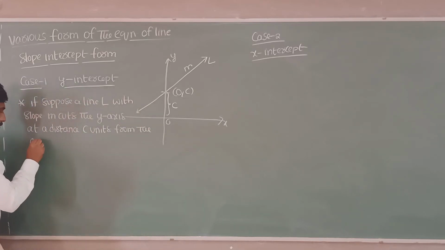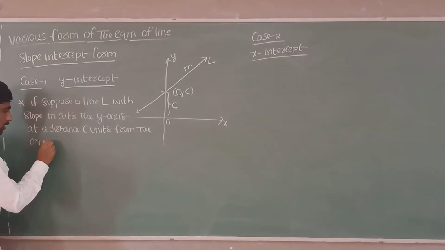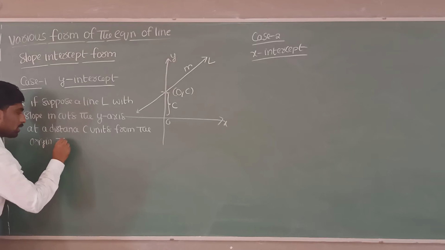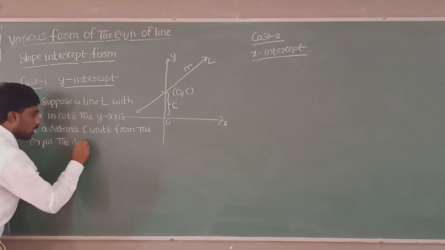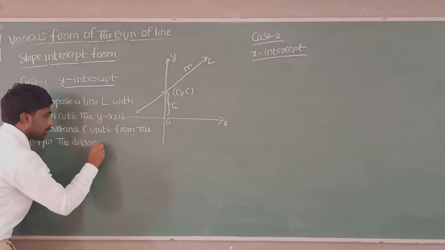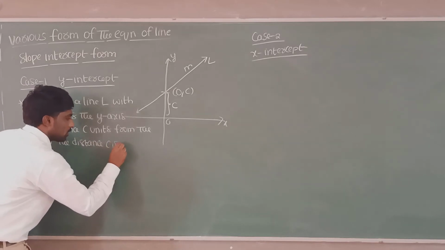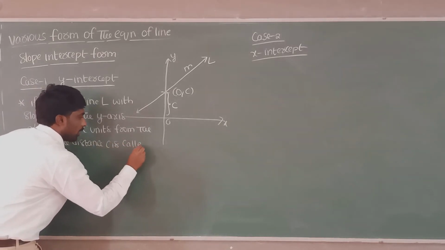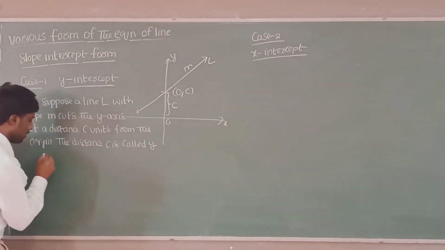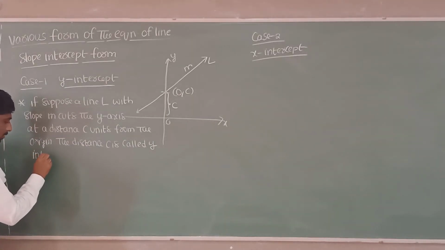Okay, now the distance c is called the y-intercept. The distance c is called the y-intercept.